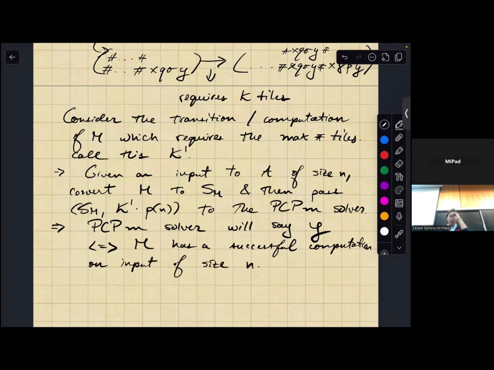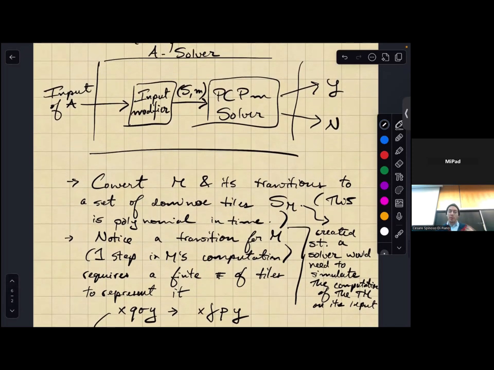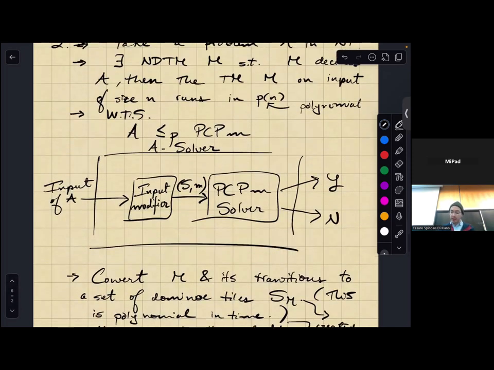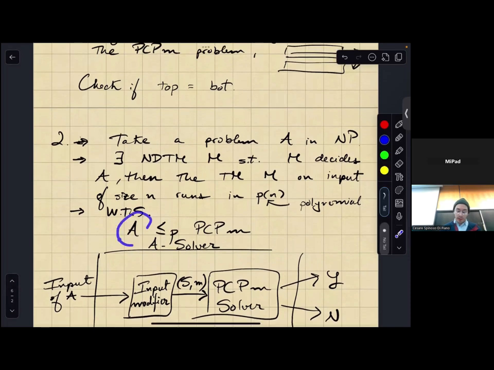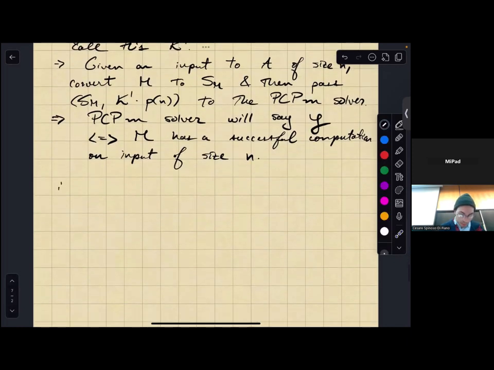Okay. And so that means we've taken an arbitrary problem in NP and we've reduced it to the PCPm problem. So therefore, PCPm is NP-hard.